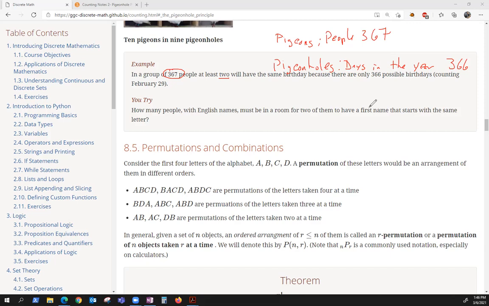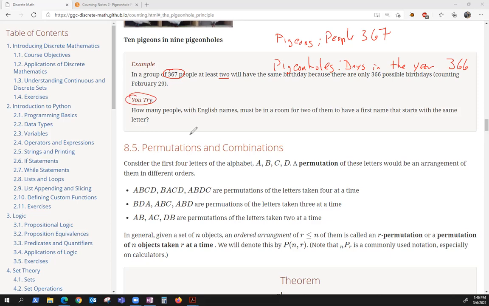Well, if you want to put 367 pigeons into 366 pigeonholes, at least one pigeonhole, which is a day of the year, will contain more than one pigeon, which is more than one person. That is, at least one of those days, January 1st through December 31st, will have more than one person having a birthday on that day.